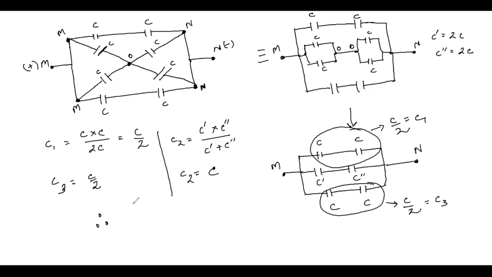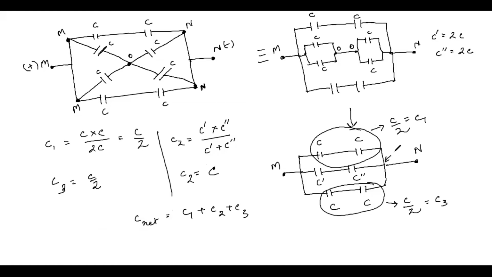So when you find your net capacitance, sorry, they are connected in parallel. So you will have a parallel equation: C net equals C1 plus C2 plus C3. This is my equivalent capacitance C1.